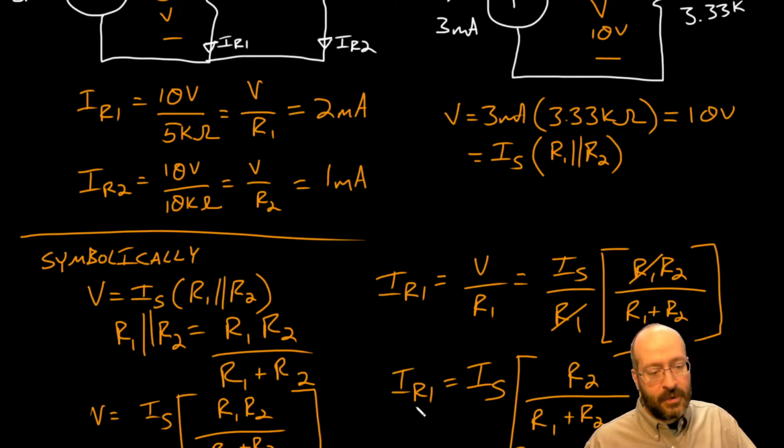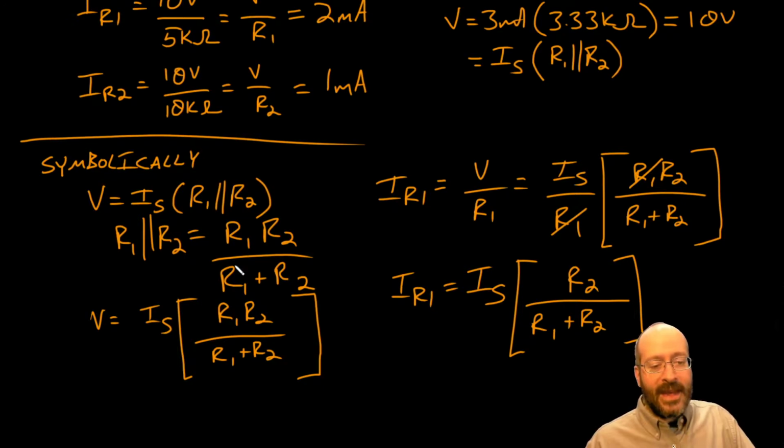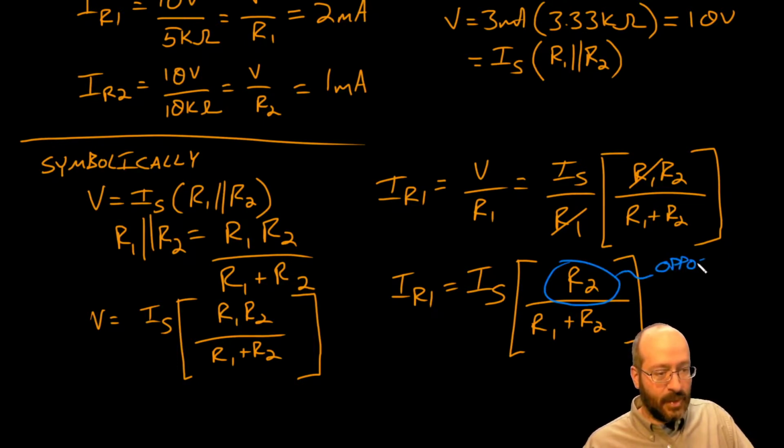If I want to find the current through R1, I multiply by R2. And it's because the one that I'm finding the current through dropped out from the product over sum form. And that's the form for the current divider.